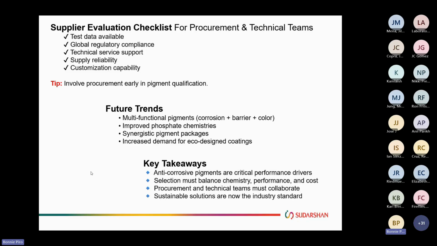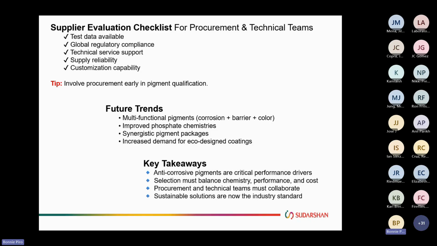We're always looking to see how we can improve phosphate chemistries. I already talked about the synergistic pigment packages. And then, of course, eco design coatings. So from a key takeaway, hopefully you'll understand that the anti-corrosives are critical for performance in the coatings area.